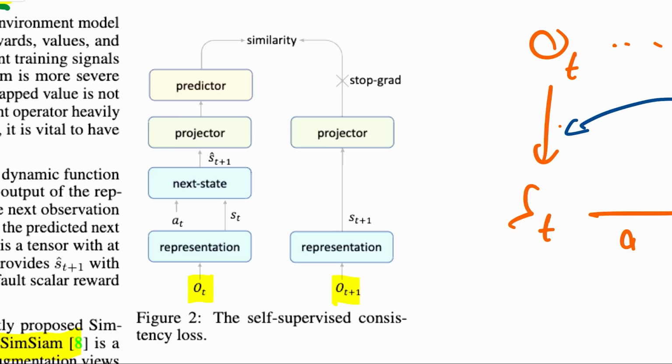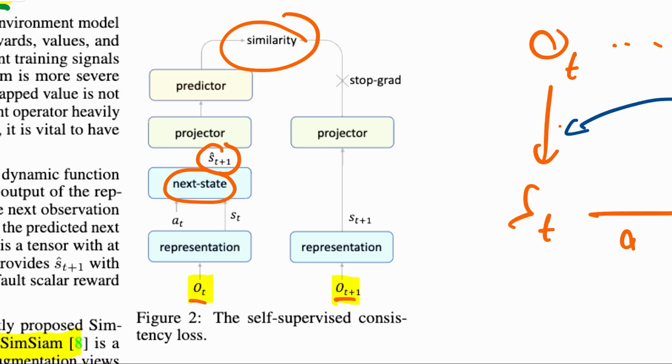But here we don't augment differently. What we do is we take an observation and we take the observation at time t plus 1. And the first observation, we actually map it through that function that is supposed to give us this estimation of the next state. And then we use a similarity loss in order to pull those two things together.